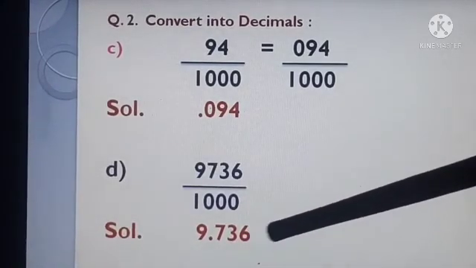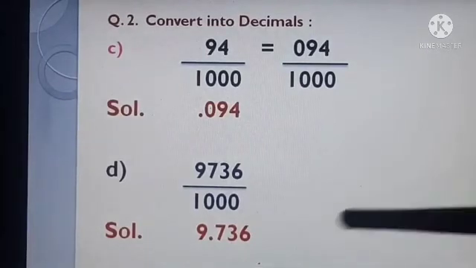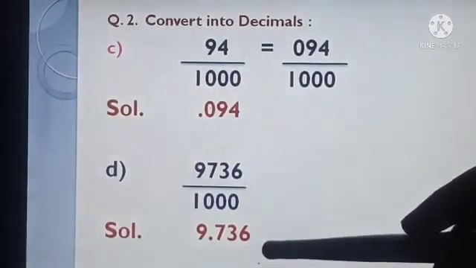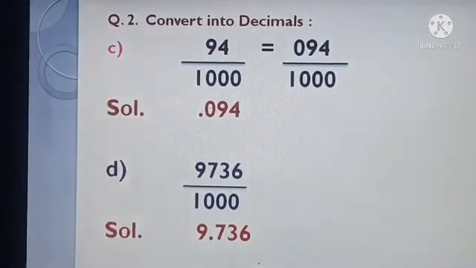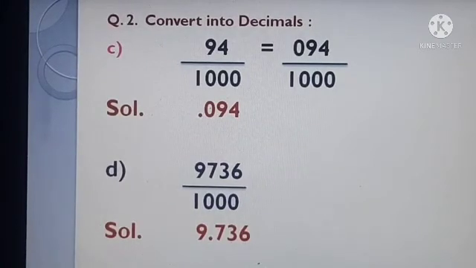So it will become 9.736. Reading will be done in the way as I am doing: 9.736. After the decimal you have to read single digits. These were the conversion sums from your exercise 1B.